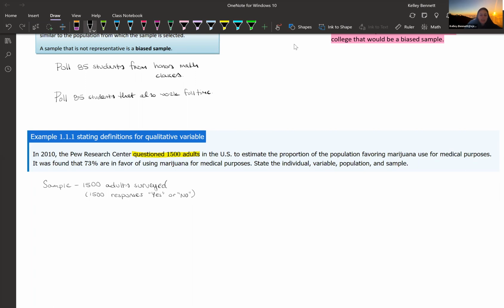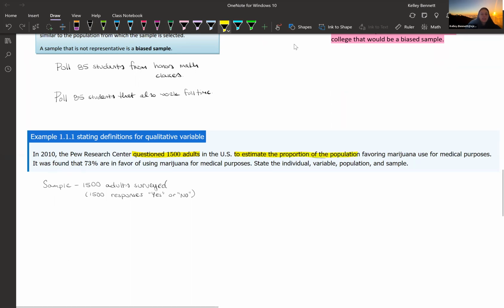So, I'm asking 1,500 adults, but look at this next part. Trying to estimate the proportion for the population favoring marijuana use for medical purposes. So these 1,500 are my sample. What's my population? Again, we're using it to estimate the proportion of the population.